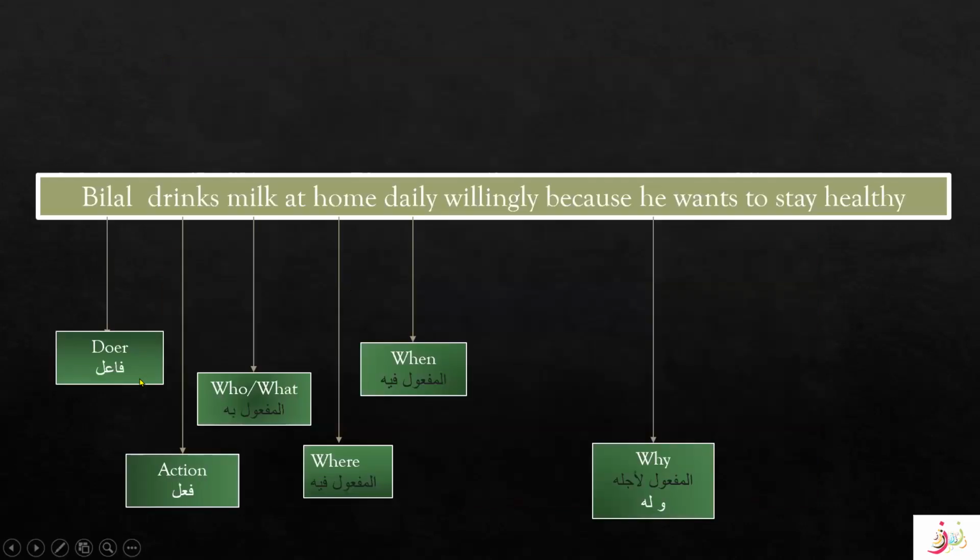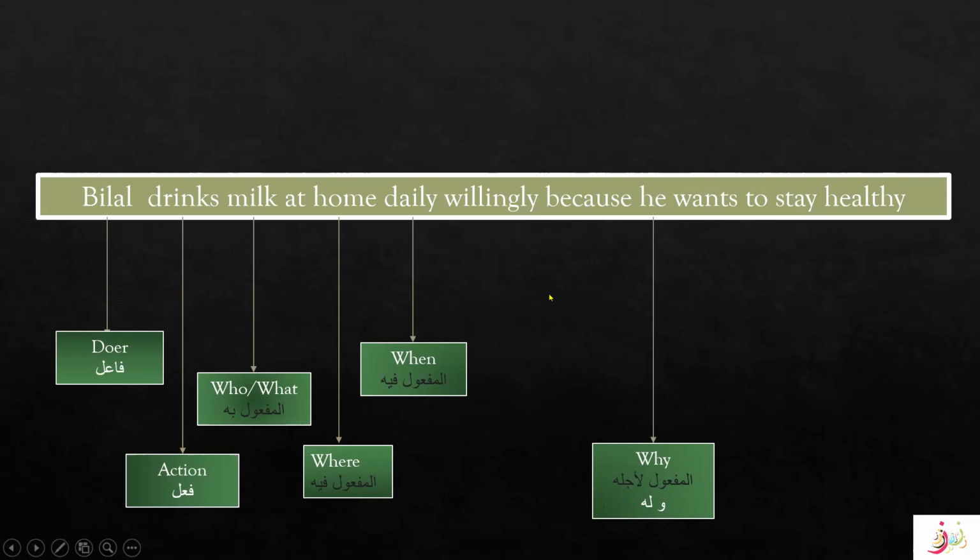As you know, after fa'il and fi'l, all the other things are details, or maf'ul. But now we are learning what type of maf'ul it is. Again, the reason, li ajlihi or lahu, is why. What is the reason for him to drink milk? The reason is that he wants to stay healthy. So this is our maf'ul li ajlihi.